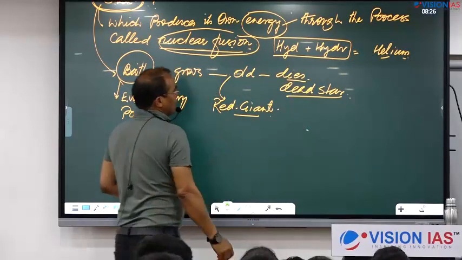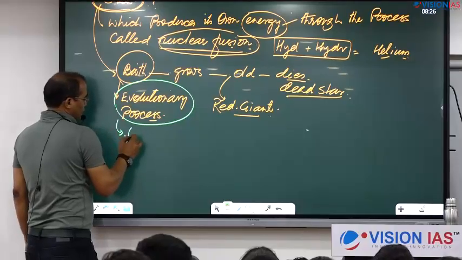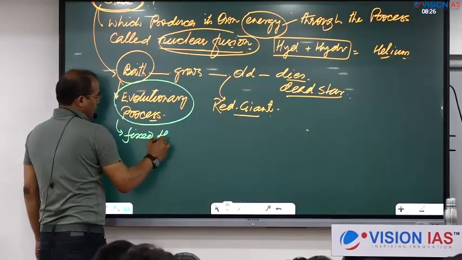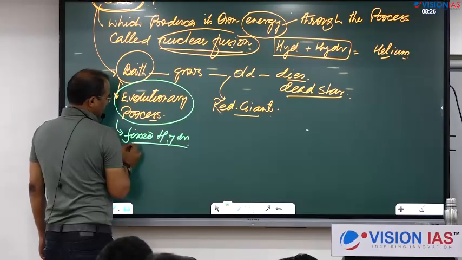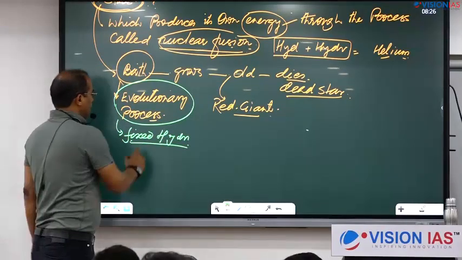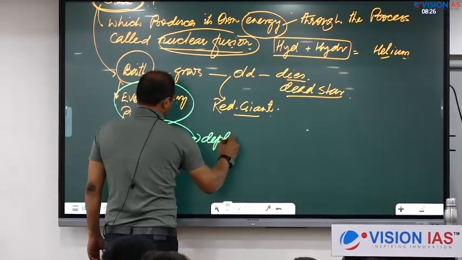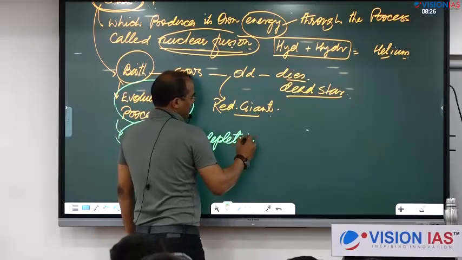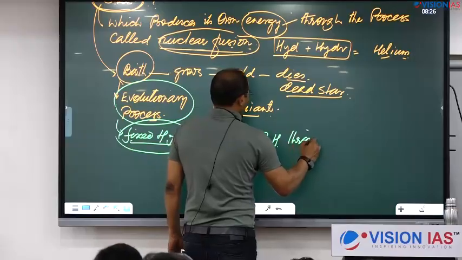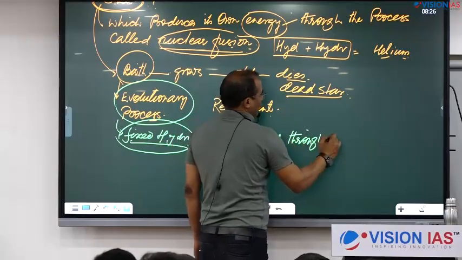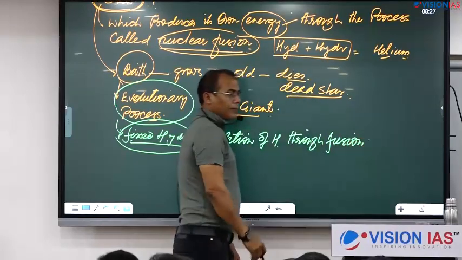Once a star is born, it has a fixed amount of hydrogen. There is a continuous depletion of hydrogen through fusion. Right?